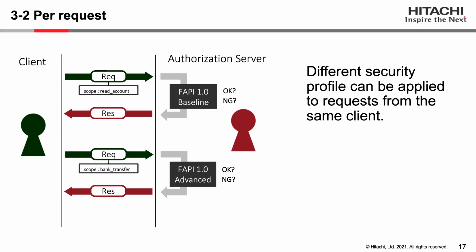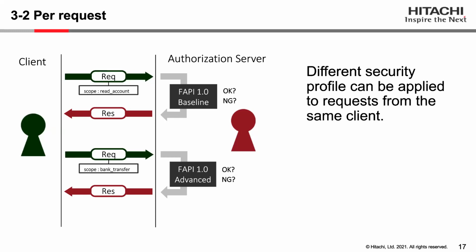One is the API providing the resource owner's bank account transaction history, and the other is the API initiating payment services. The former API access might be protected by FAPI 1.0 baseline, while the latter API access should be protected by the FAPI 1.0 advanced security profile. I would like to call the former the read API, while the latter is called the write API.